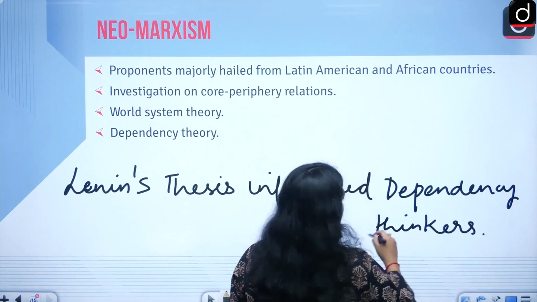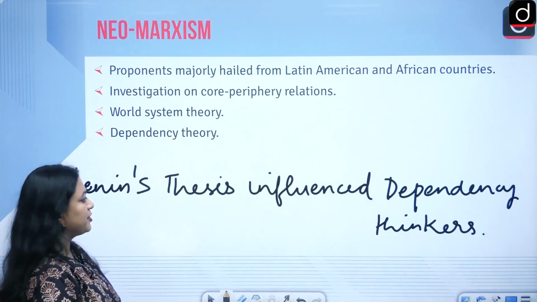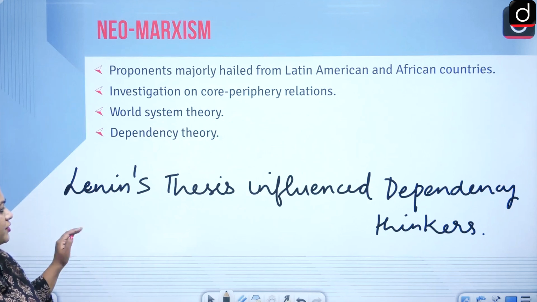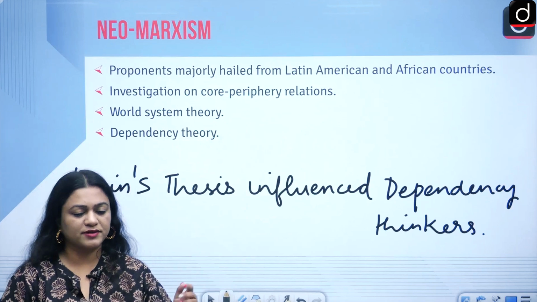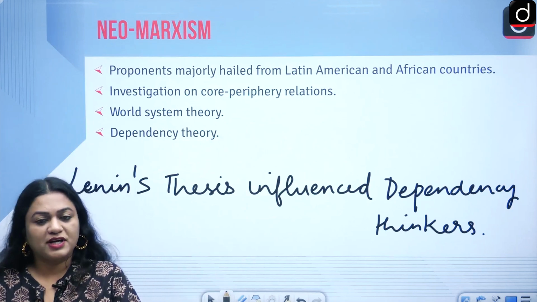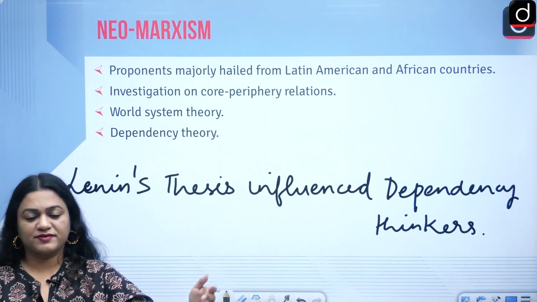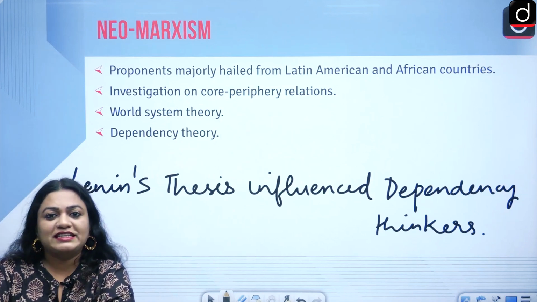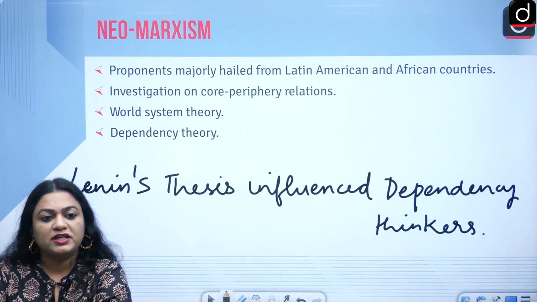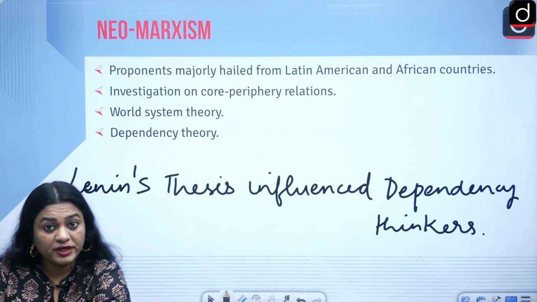Lenin's ideas left a very deep imprint and influenced the dependency thinkers. The dependency thinkers were not from Europe, but rather emerged from Africa as well as Latin American countries, who were reacting to the conditions of neo-colonialism.